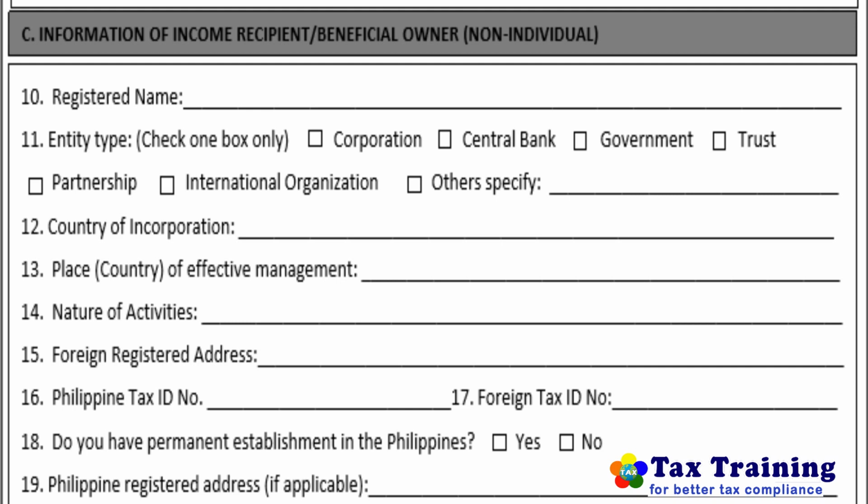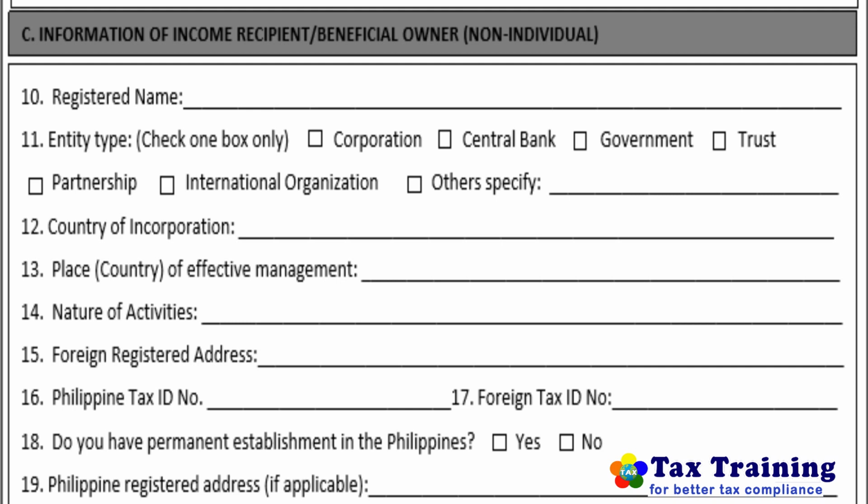Country of incorporation, saang bansa yan. Place, country of effective management. So, ano yung country of incorporation, kung saan siya naka-register. Place or country of effective management, kung nasaan yung kanyang head office, nasaan yung management niya na nagpapatakbo ng negosyo.